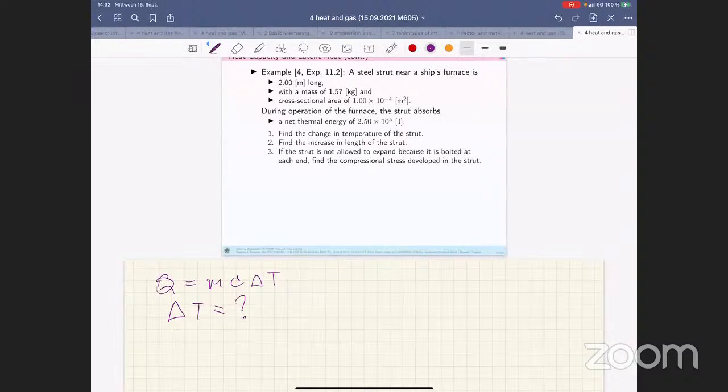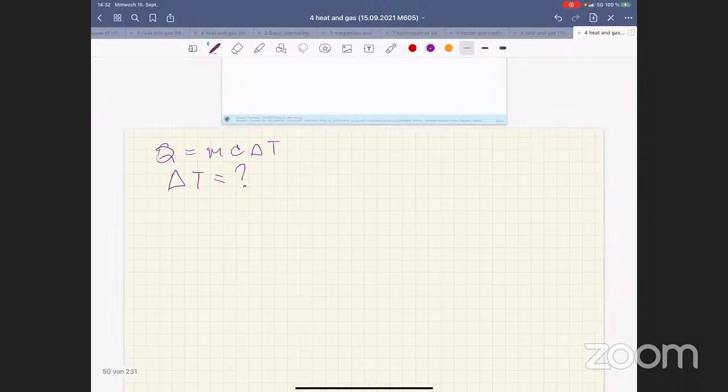Delta T is the quantity that we would like to know. After manipulating this equation, you move mc to the left, and you get delta T as Q divided by mc.